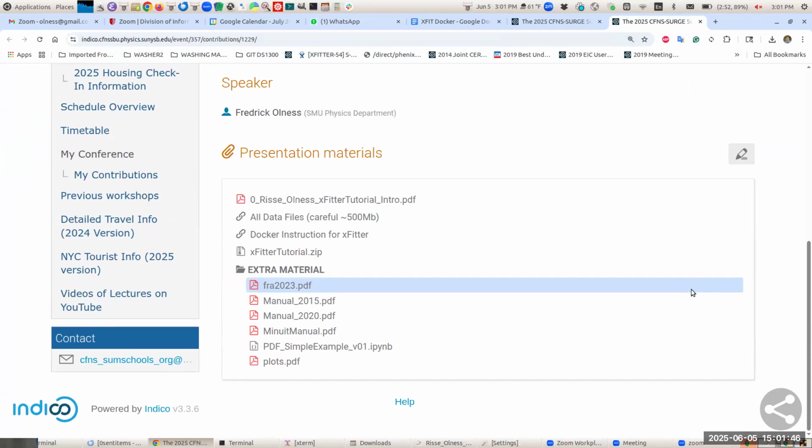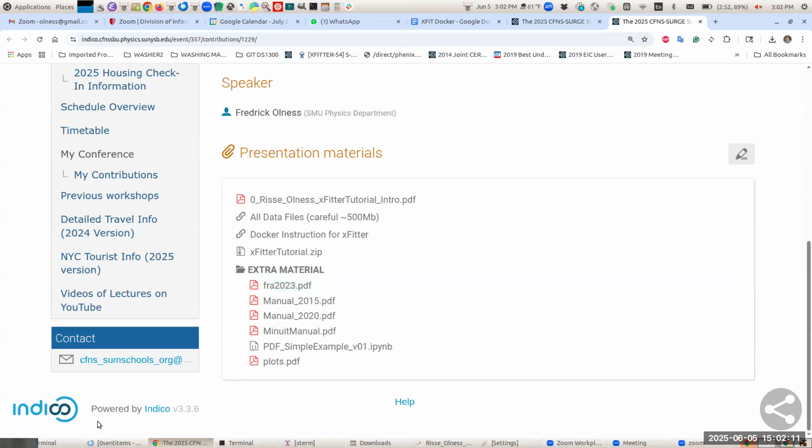Be careful, this is all the data files. We don't need this, that's half a gigabyte of data files if you want to do everything. But in here is extra material. This is FRA 2023, the presentation by FRA Julie, who actually helped me create the Docker file. And then this is the Minuit manual, and some Python things.